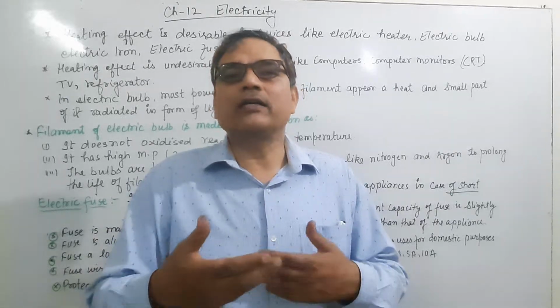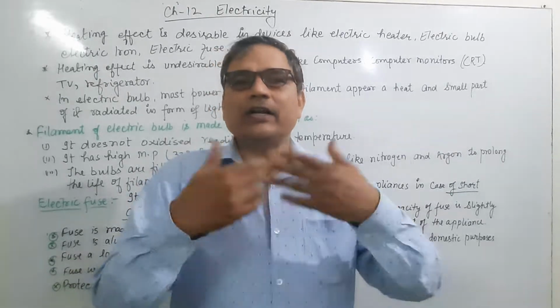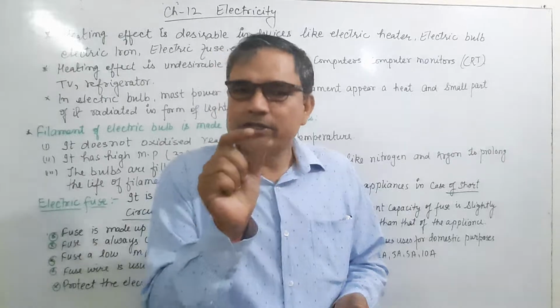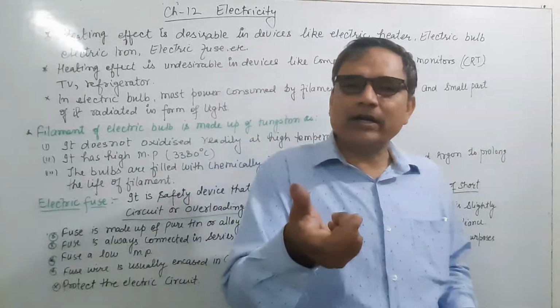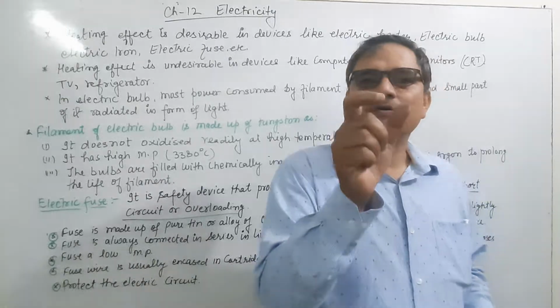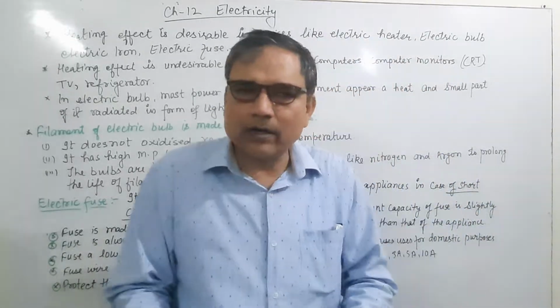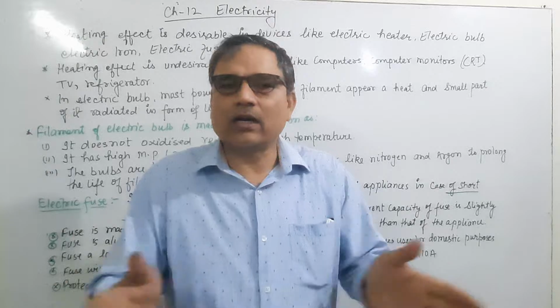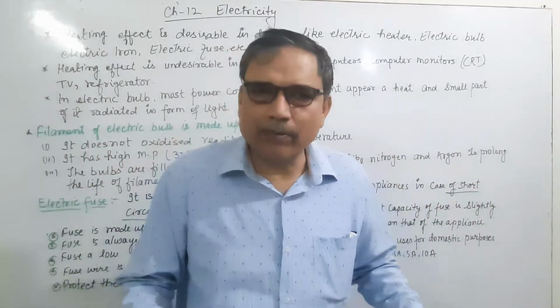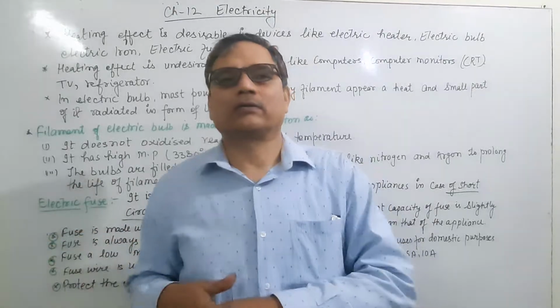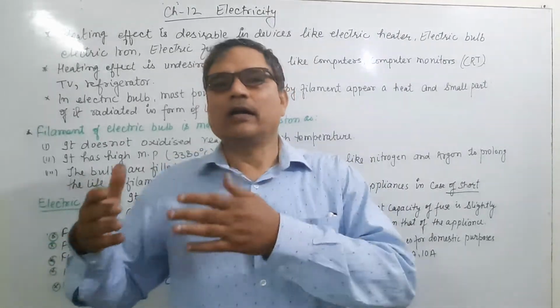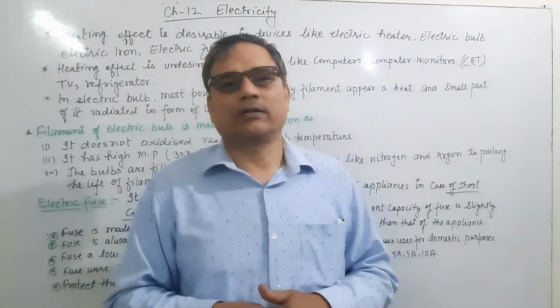The amount of heat energy will increase, and when heat energy increases, the temperature rises, which melts the fuse wire, which has a low melting point. After the melting of the fuse wire, the circuit will break. If the circuit breaks, it prevents damage to the property, the electrical appliances or the circuit.